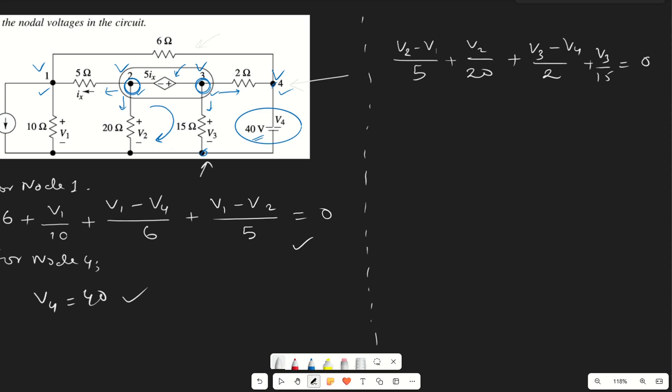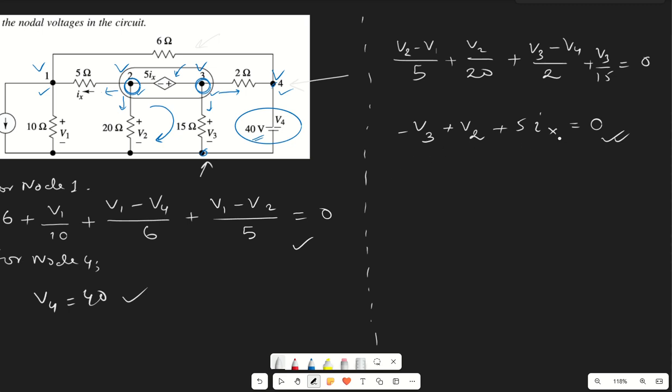The equation will start from, suppose, this point. We have V3 here moving from positive to negative, then V2 we have, moving from minus to plus, so this will be positive, then 5Ix equals 0. So minus V3 plus V2 plus 5Ix equals 0. So this is our KVL equation.